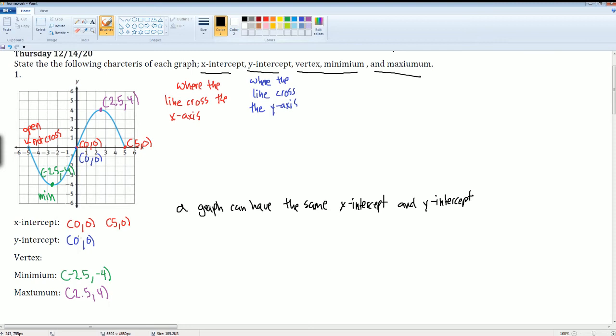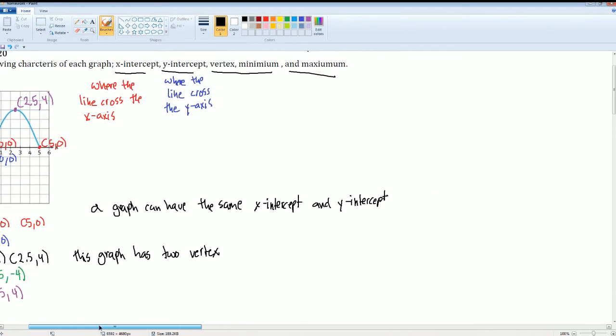Here, the vertex we can just write as the minimum, and here you also want to write your maximum. So this graph has two vertices. Okay? There you go. Good?